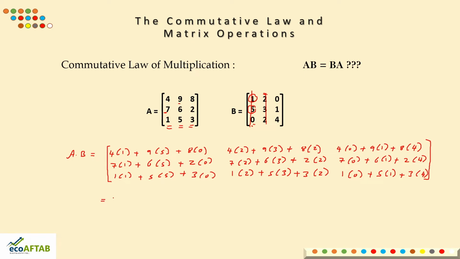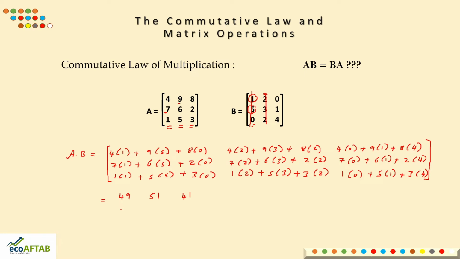So when we take up these values, we will get AB equal to 49. The next elements are 51 and 41. That is 4 plus 45 plus 0 will give us 49. Similarly, 8 plus 27 plus 16 will give us 51. Similarly, 9 plus 36 will give us 41.